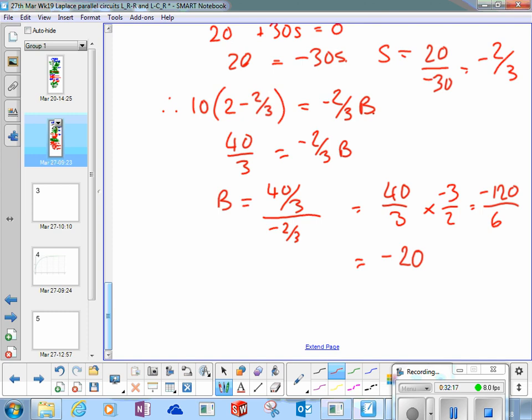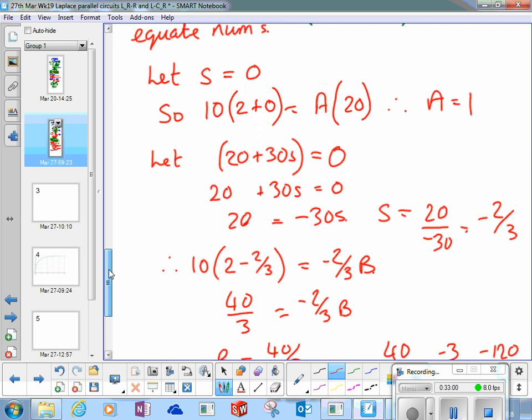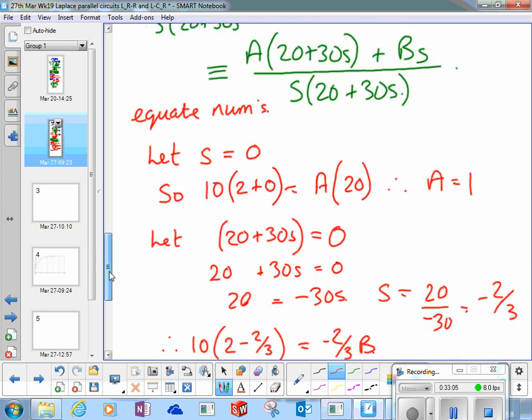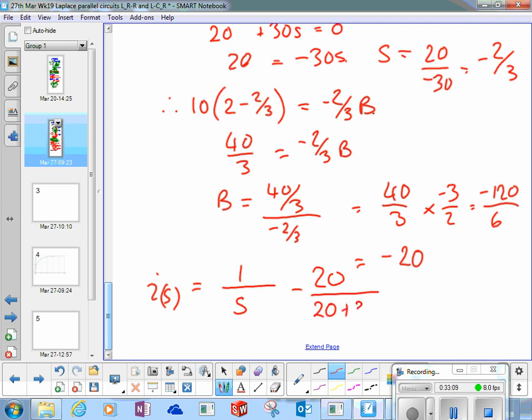So we can say I(s) is equal to A, which was 1, minus 20 over, what we've got to do, that looks like something in the table.